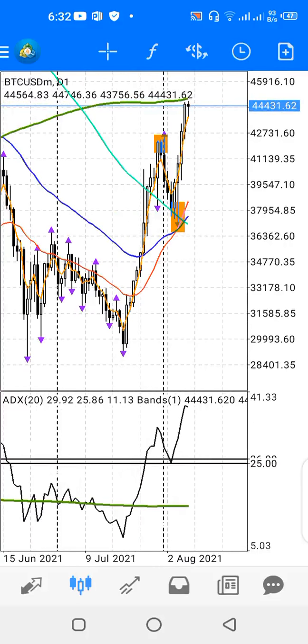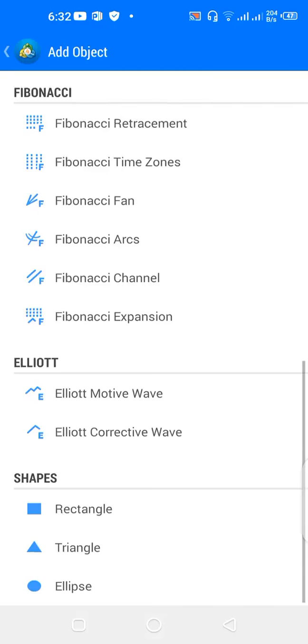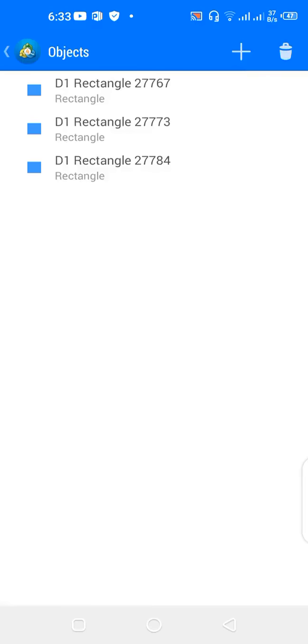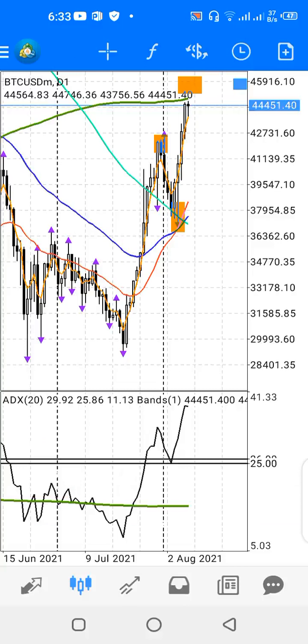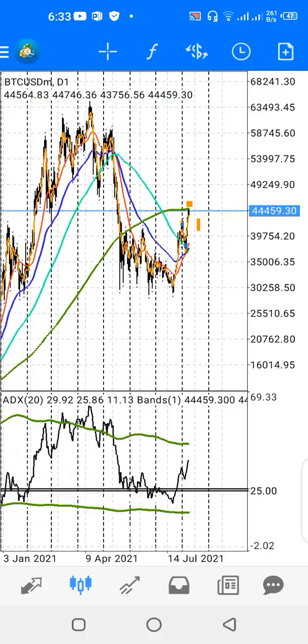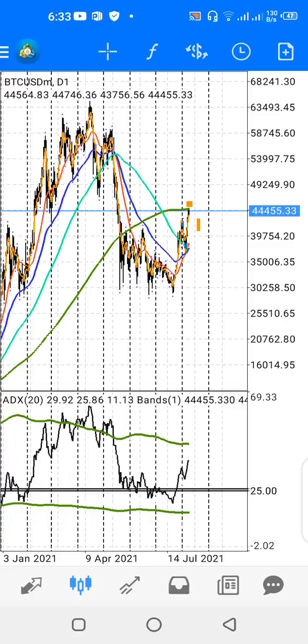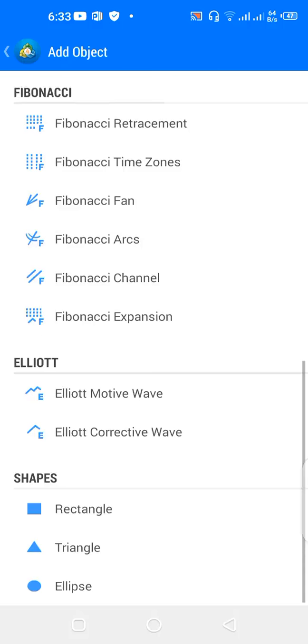Price is expected to make another higher high above here. Then we have a higher low. So that's the way I see it going. I may be wrong along the line. Another higher high, then another higher low.